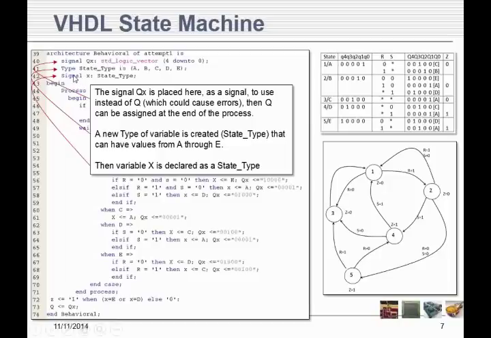That's just creating a new type, and I don't have a variable like that yet. So I created a new signal and called it X and said that it was going to be of type state type. X is allowing me to work with my states, so I can say if I'm in state A or B or C or D or E, or whatever.